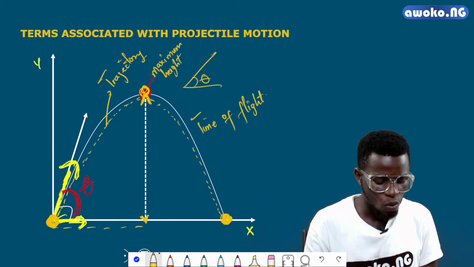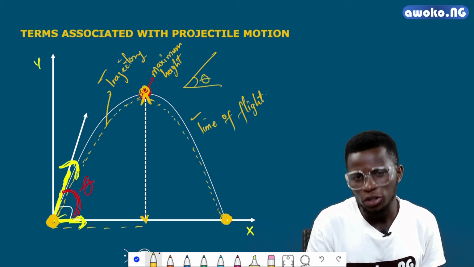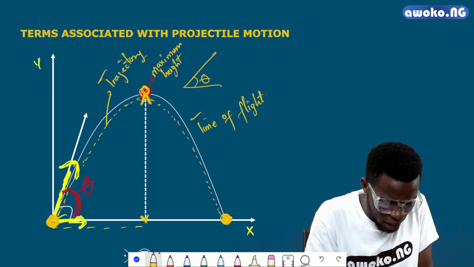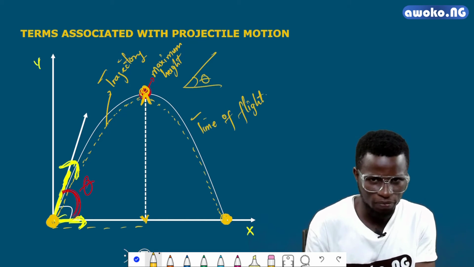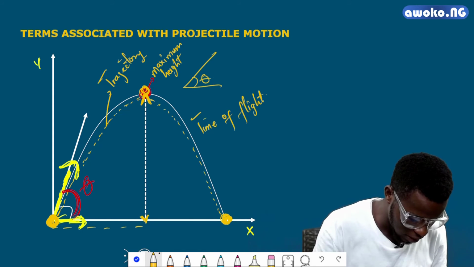But the question is, what then is the range? Range is the maximum horizontal distance covered by the projectile from the point of projection to where it hits the horizontal plane. It can be described by these paths over here.